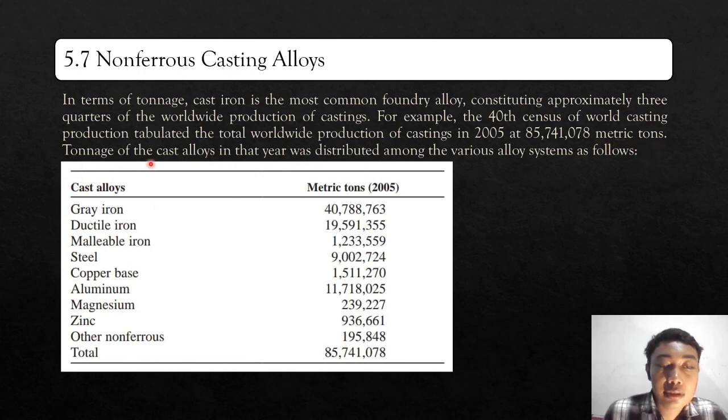Tonnage of the cast alloys in that year was distributed among the various alloy systems as follows. This is the graphic: iron, steel, copper, aluminum, magnesium, zinc, other. It is like a total of all of these. The next of this.